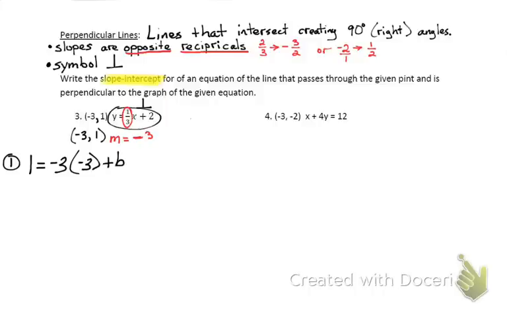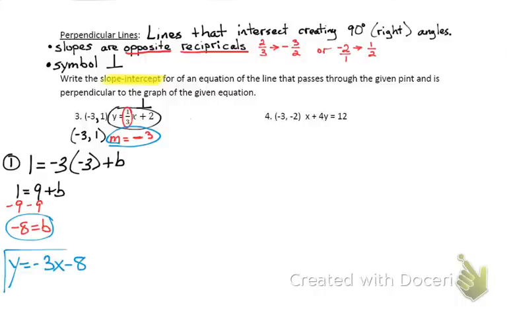And you solve this, this would be 1 equals +9 plus b, and we subtract 9, giving us -8 equals b. And again, as long as you know your b and your m, you can write your answer. So in this case, it's going to be y equals -3x minus 8. So that would be one way, by solving for b.